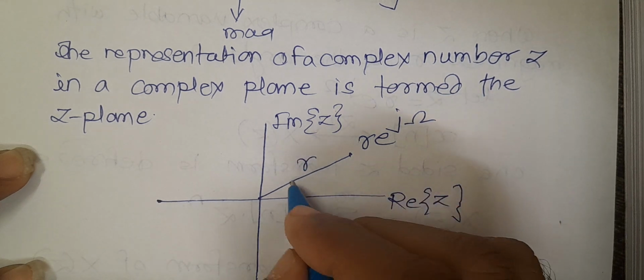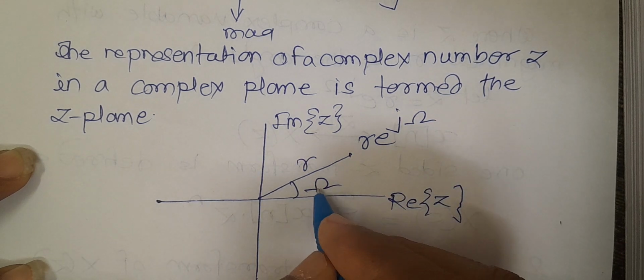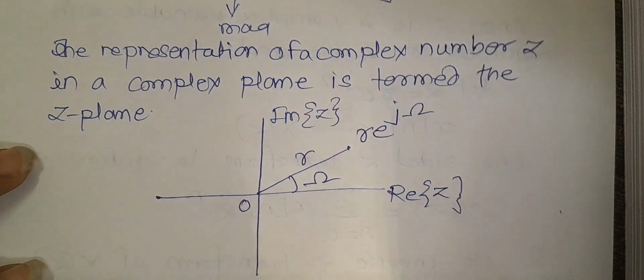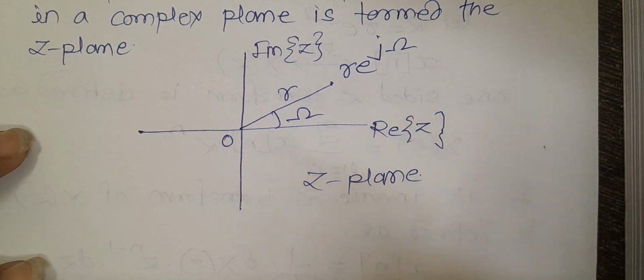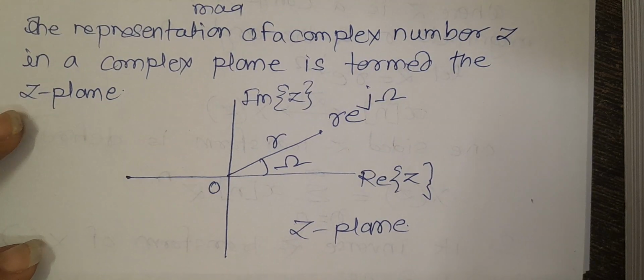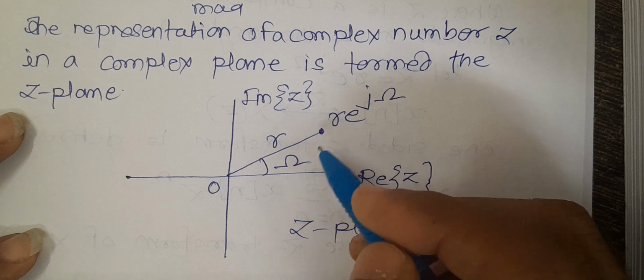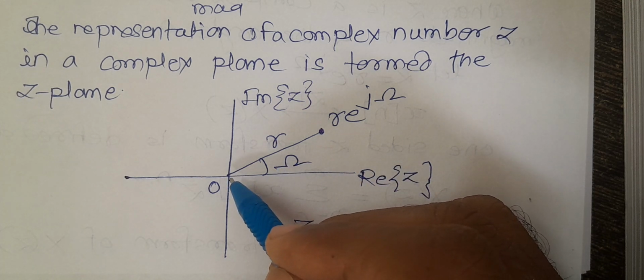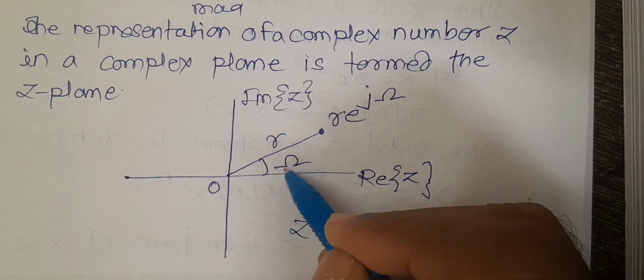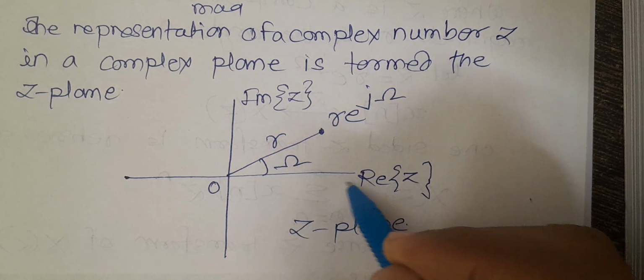This is magnitude r and this is angle omega. This is the origin. So this is the Z plane. This point is located at a distance r from the origin and an angle omega relative to the real axis.